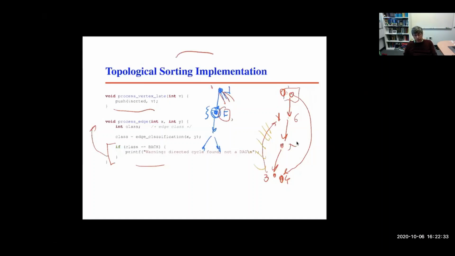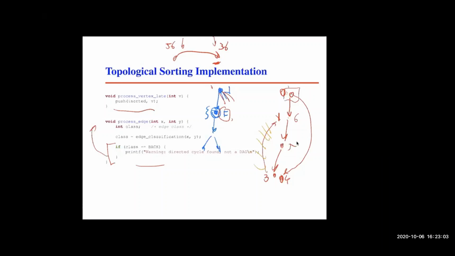But if I have an edge like this, if this finishes at time 36, and this finishes later, it might finish at time 56. Note that I want the node with the earlier finishing time to be to the right of the node that finished later, which means I want them in the reverse order of finishing time. Any questions about that? Does that answer it? Yes, thank you.